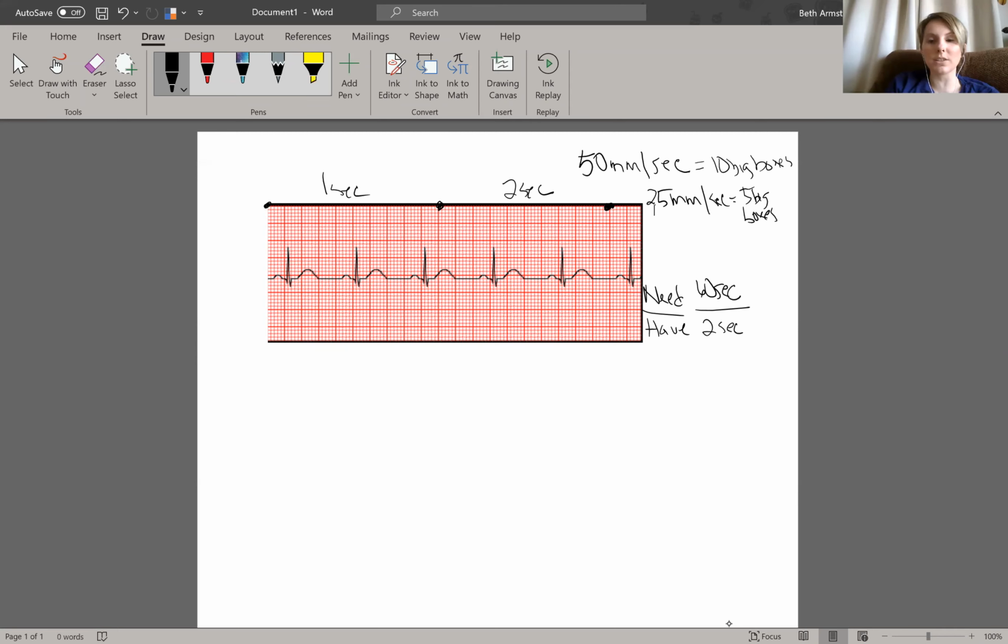So what you're doing is you're taking 60 divided by 15, right? And you're getting 4. So it's literally the same thing like we're doing on a piece of paper. Okay, so where did the 1 and 2 seconds come from? The 1 and 2 seconds came from us counting these boxes. So when we counted the big boxes, that equals this second right here. Does that make sense, Paige?